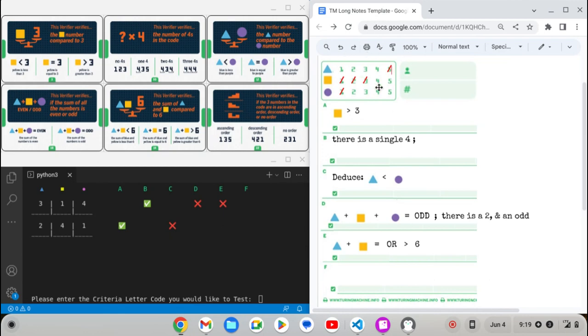So it would be 2, 4, but because circle has to be greater than triangle, I don't think you'd be able to differentiate between 3 and 5. Well, I guess technically the ordering will tell you, right? So 2, 4, 3, no order. 2, 4, 5, ascending.